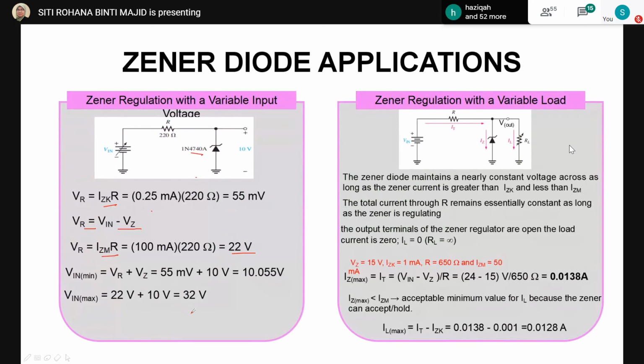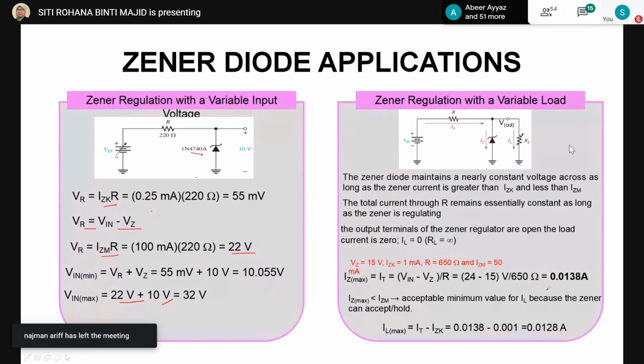If you see from this equation, it uses the maximum voltage calculated from IZM, because IZM is the current for the Zener at the maximum level, plus the output, which becomes 32. So that is a simple calculation for the Zener regulator with the variable input.